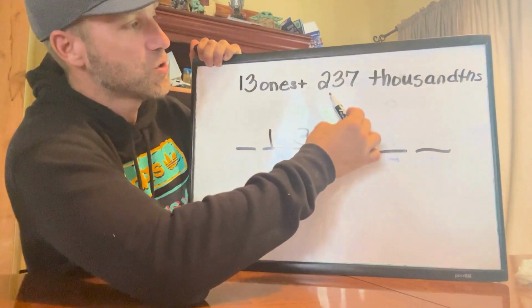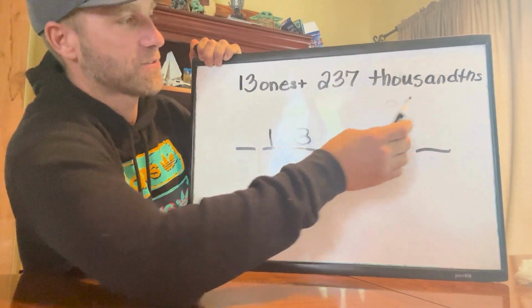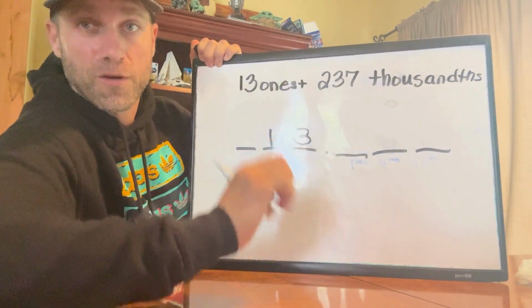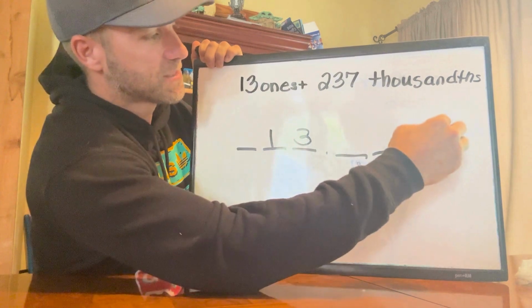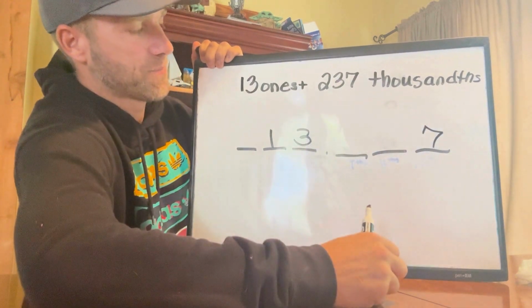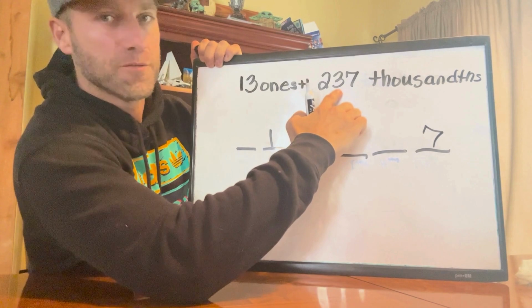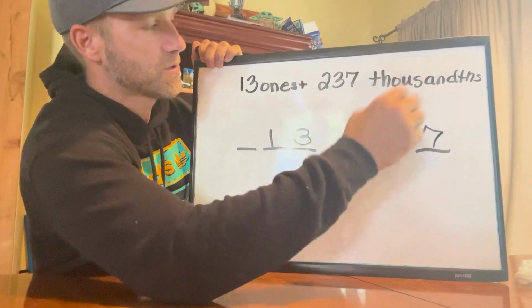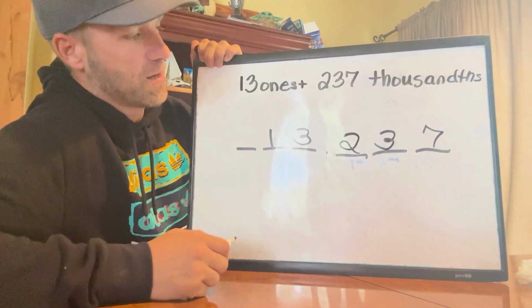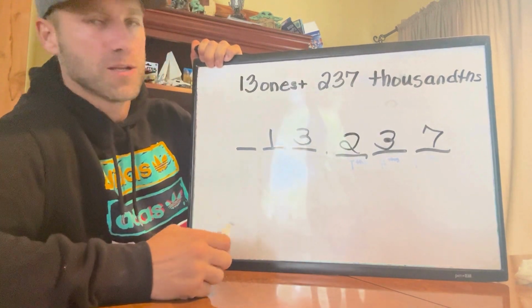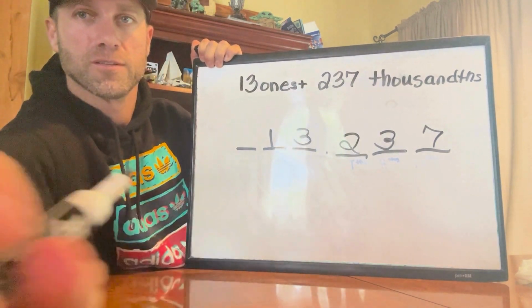If I look at the 237 thousandths, again, we can only fit one digit in a place value. So I know this last digit, I have 7 thousandths. And right here, I can fill in this with 3 hundredths and 2 tenths. And it would look like this, 13 and 237 thousandths.